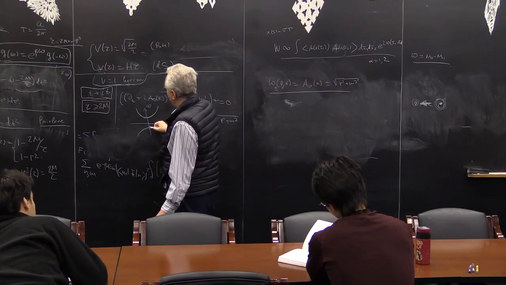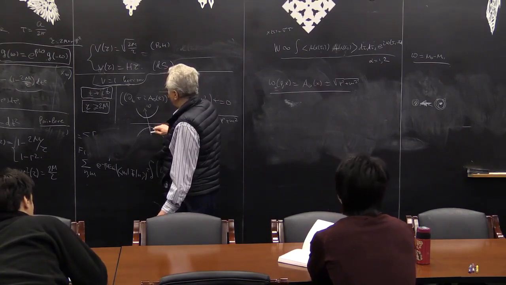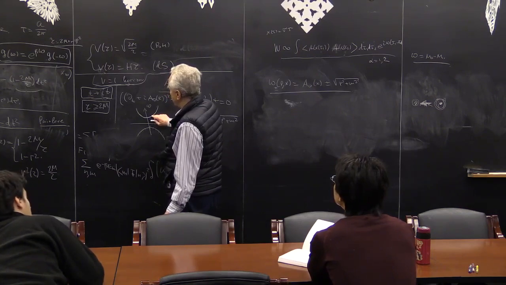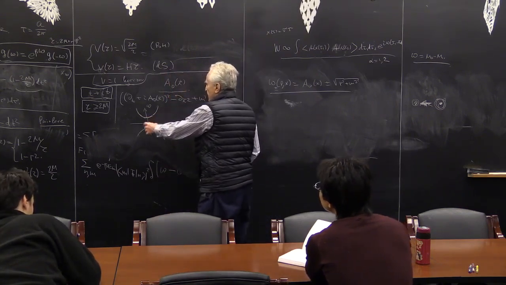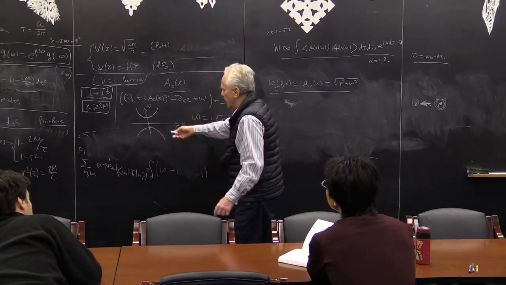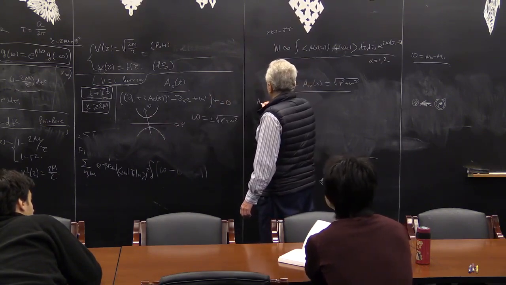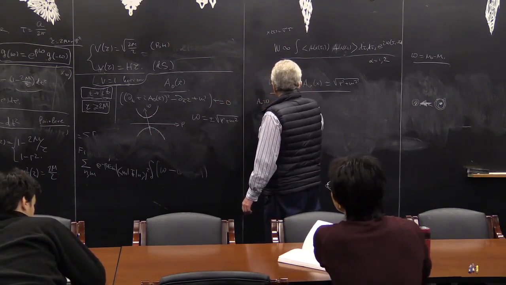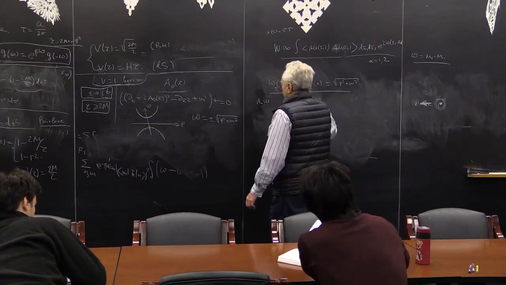We can create a pair by taking an electron here, forming a hole, and placing it here. And without external field, the energy needed to create a pair is obviously 2m. So at A0 equal to 0, delta E, the energy needed to create a pair, is 2m.